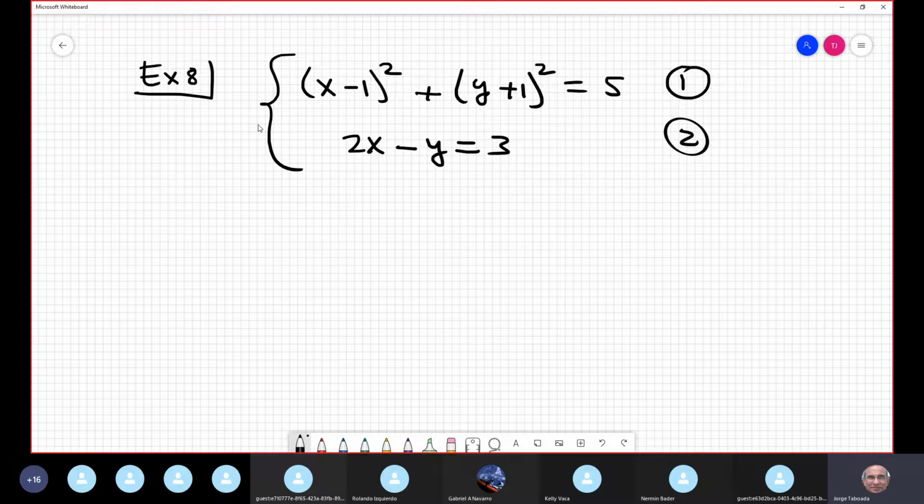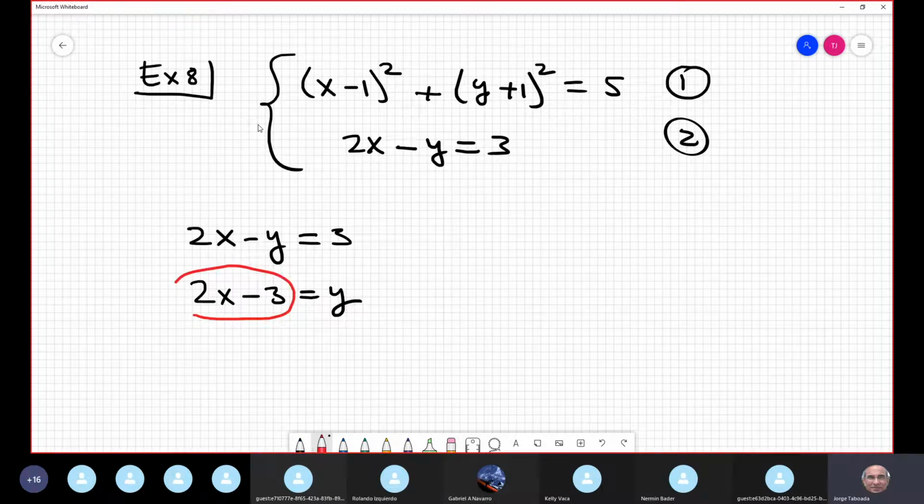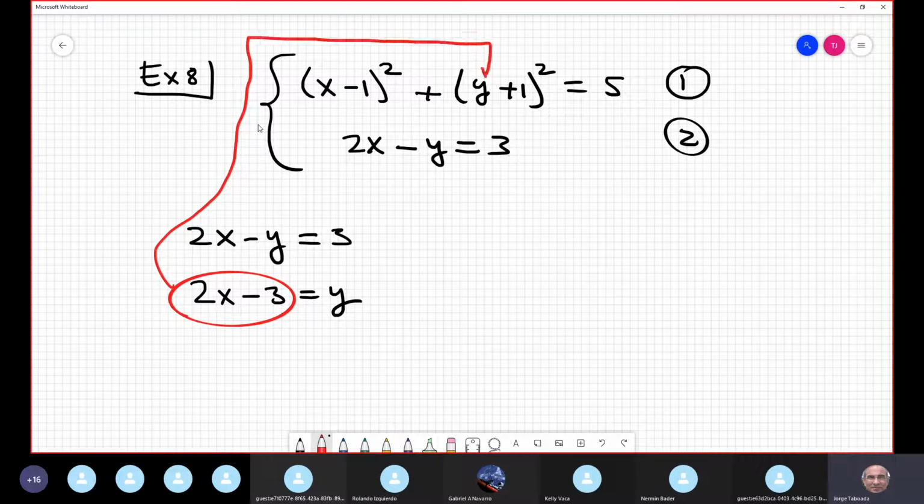You solve for y in this equation, you copy that. 2x minus y equal 3. Therefore, 2x minus 3 is equal to y. And you substitute this expression in the y place of the other equation here, over there.